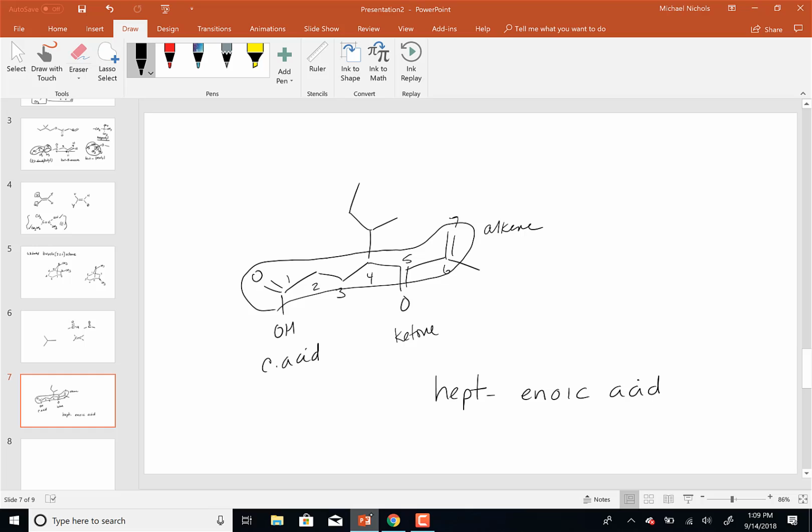I thought when you were doing the longest chain, it's only carbon atoms, and that's what determines if it's an alkane, an alkene, or an alkyne. It is only carbon atoms, and in this case, there are only carbon atoms in the longest chain. But it's got to be continuous.